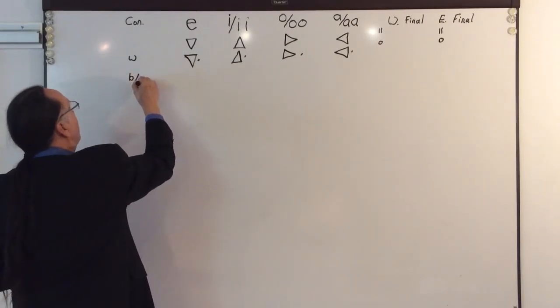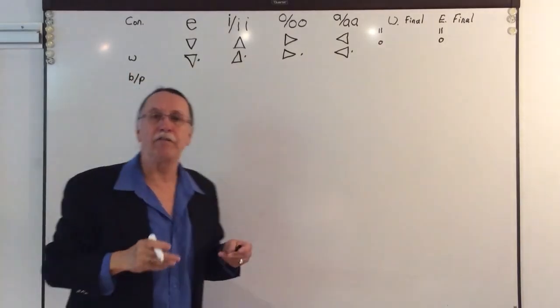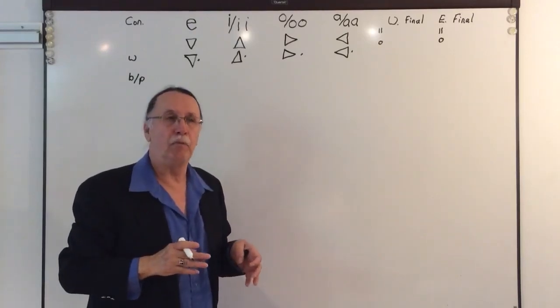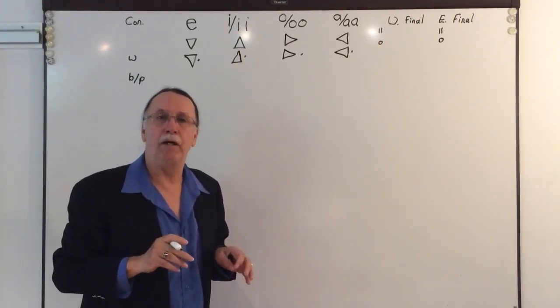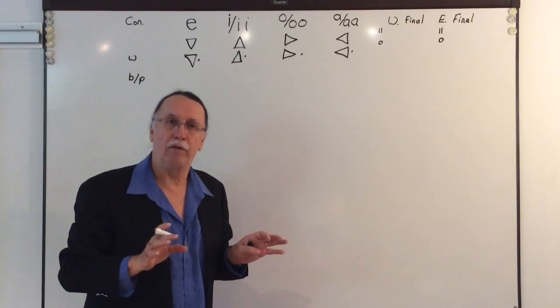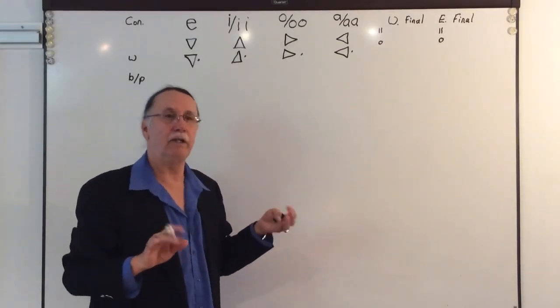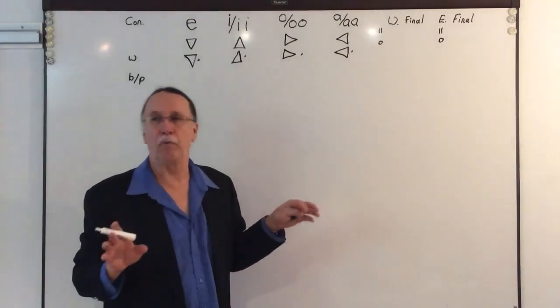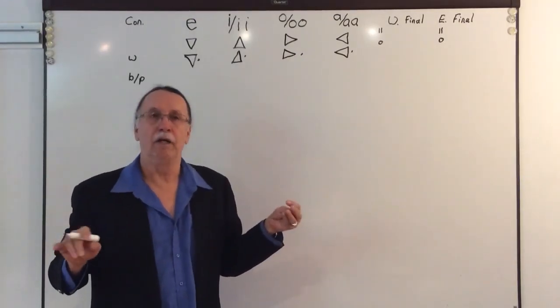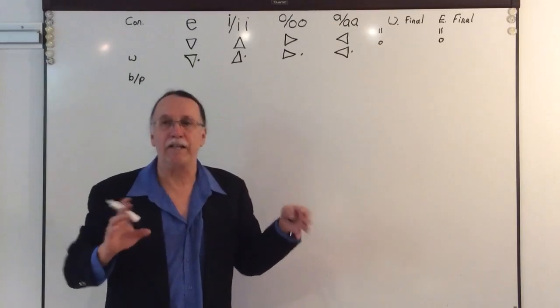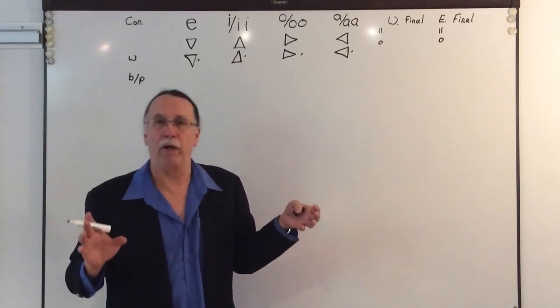and P. B and P are very similar consonants. We have to put our lips together, B, P, to make that sound. So they're used interchangeably. That's the thing about spelling in Ojibwe. It's very subjective. You could see some people say Debwe, some people say Tepwe.